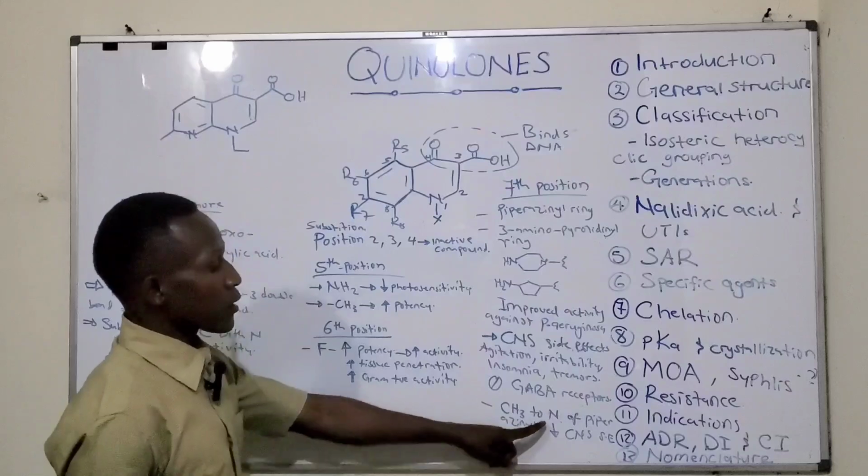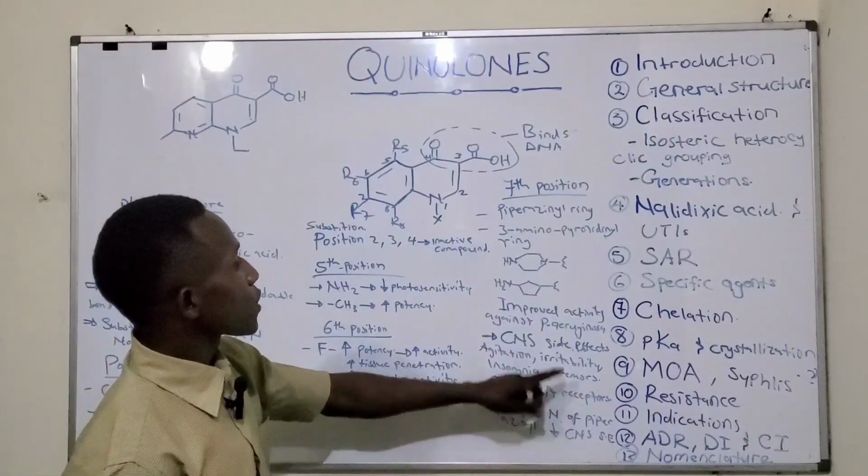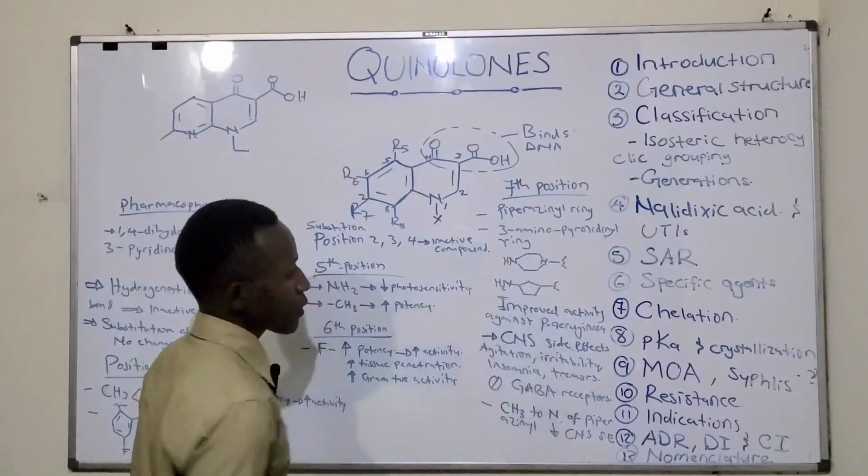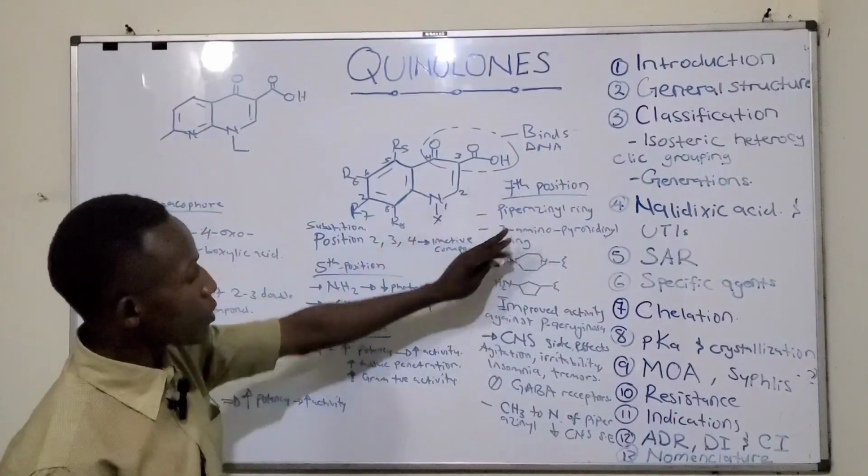So this one reduces the binding to the GABA receptors. So this is position 7.